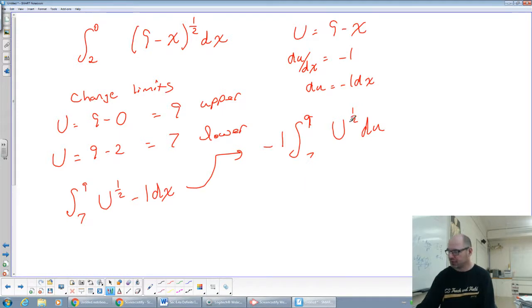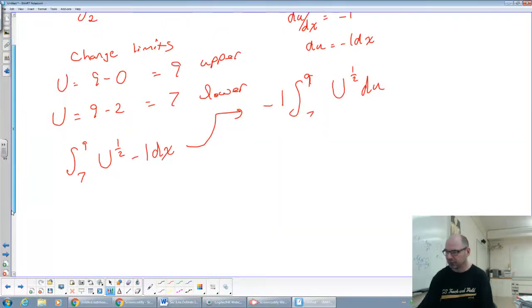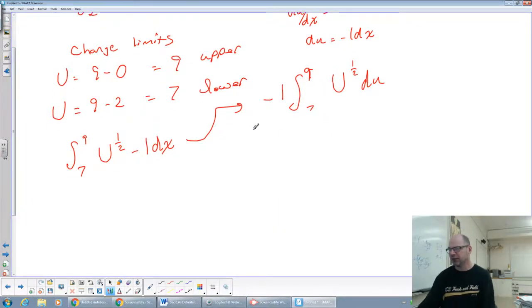So now we can do the integral of that. If we do the integration, we take the integration of u to the 1/2, so we add 1 to get 3/2. This will be negative, because this negative is going to come in there, u to the 3/2 over 3/2 plus c.